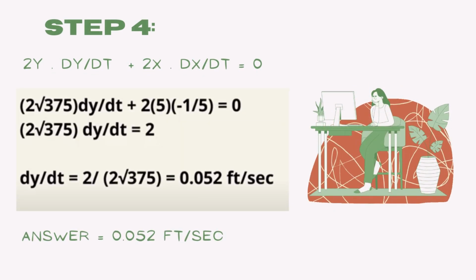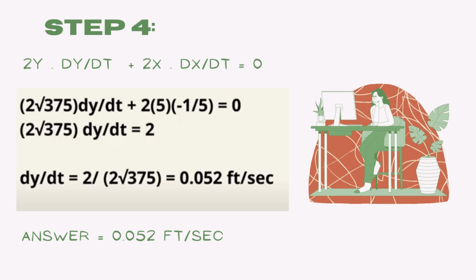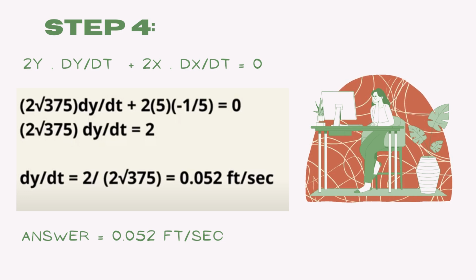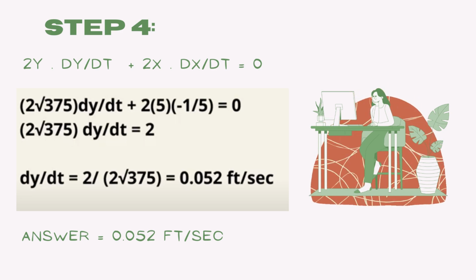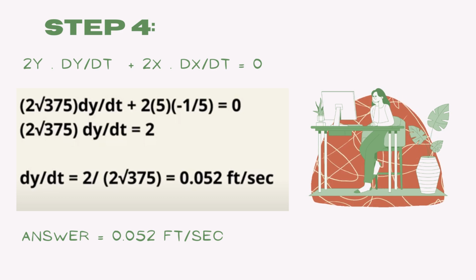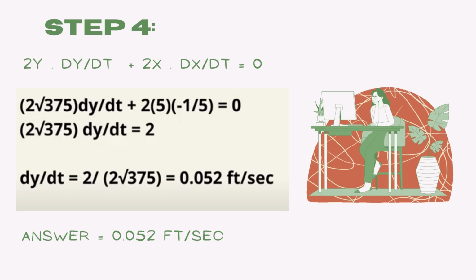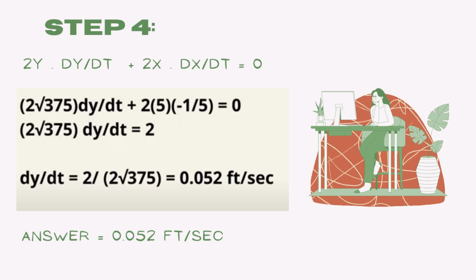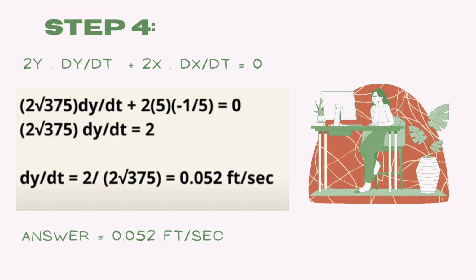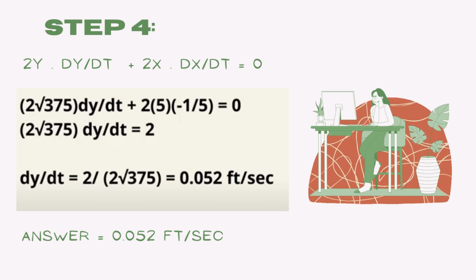The last step is we use the equation that we got from step 2 before, which is 2y times dy over dt plus 2x times dx over dt equals 0.